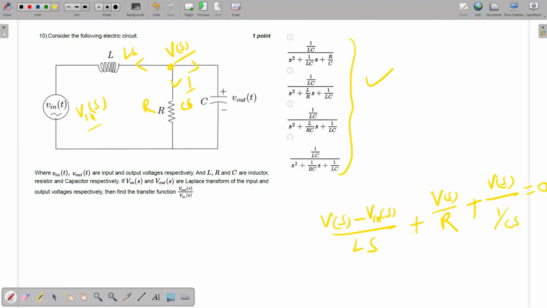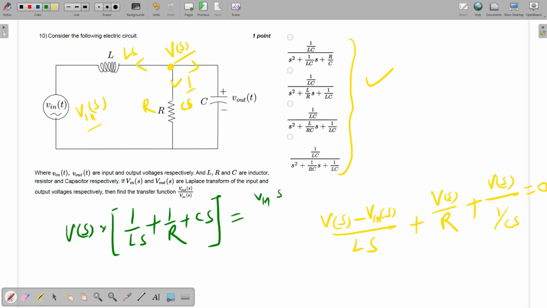Yes, sir. Okay, so from here I am going to separate V of S, meaning V out of S. V of S into 1 by Ls plus 1 by R plus Cs, and Vin of S into 1 by Ls.